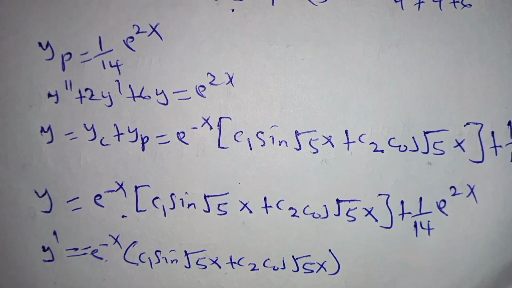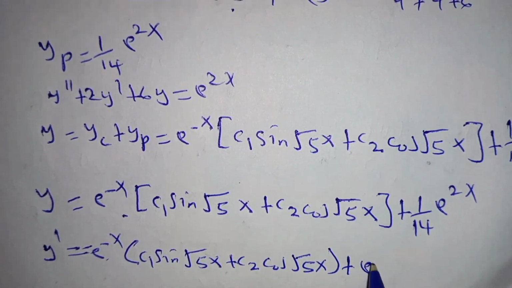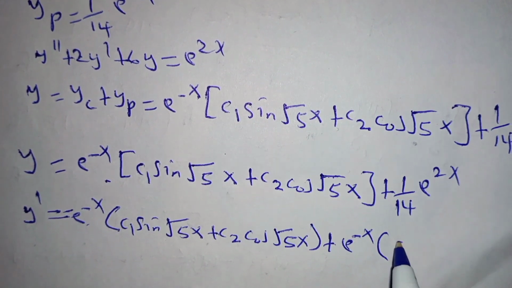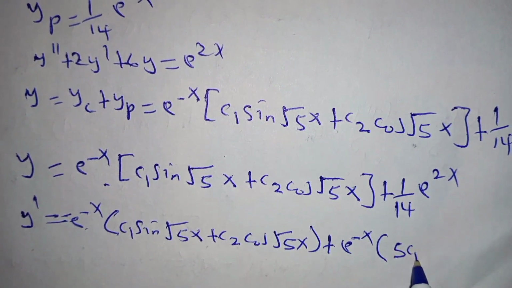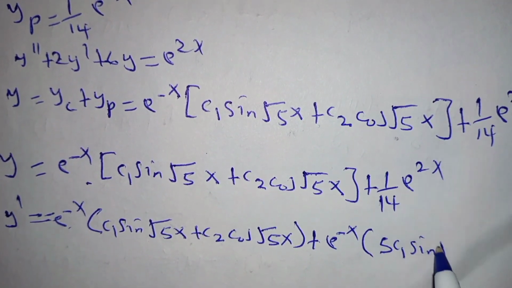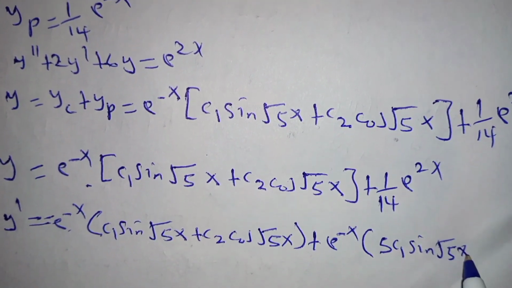Then this is a product, plus exponential negative x into bracket root 5 c1 cos of root 5x, minus root 5 c2 sine of root 5x.